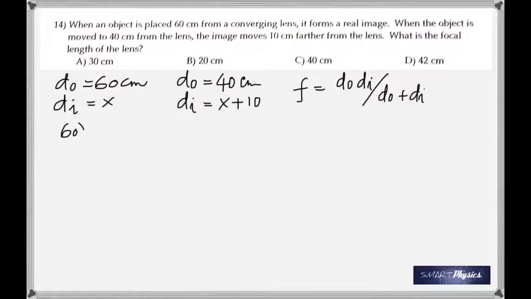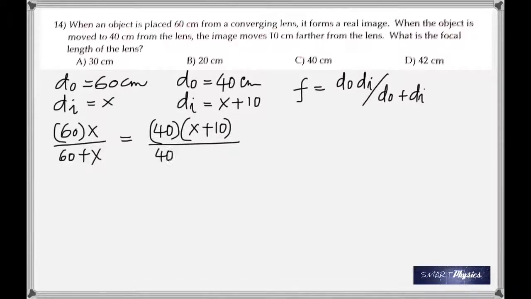And in this case, that is going to give us 60x by 60 plus x, and there are two sets, so the next one is going to give 40 times x plus 10 divided by 40 plus x plus 10.